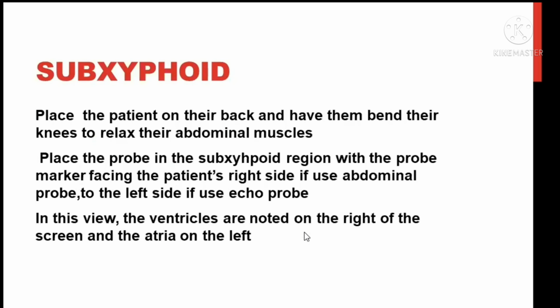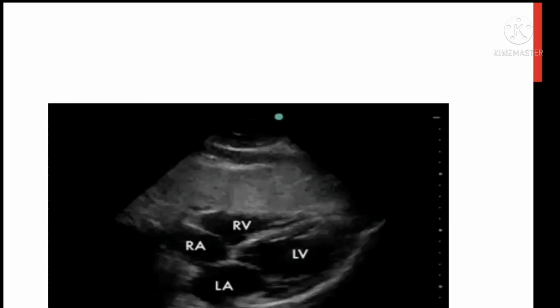Subxiphoid is easier to do, because you are accustomed to the FAST probe direction, towards the left in echo, but towards the right in emergency. So this is what you see: right atrium, right ventricle, left atrium, left ventricle. What are the things we can see from here?